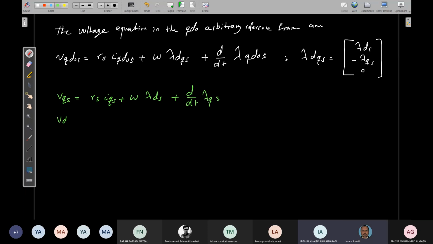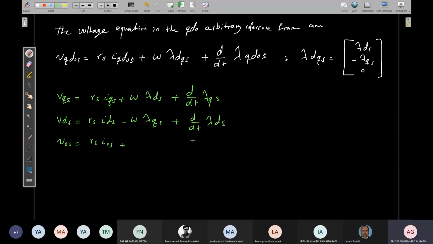What about V_DS equal to what? R_S I_DS minus omega lambda_QS plus d over dt lambda_DS. V_0S equal to what? R_S I_0S plus d by dt lambda_0S.